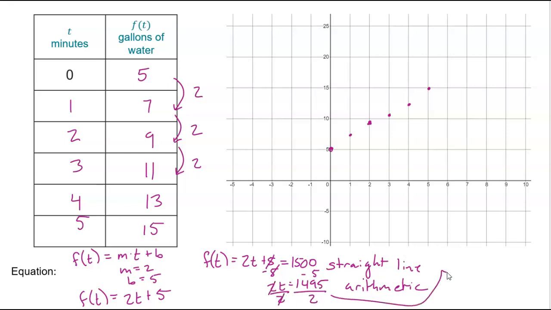I guess we're going to need to come over here to get a little more room. We get t equals 1495 divided by 2 is 747.5 minutes. That is so long. We'd be waiting forever. Let's see, if I divide that by 60, how many hours is that? That's about 12 and a half hours.